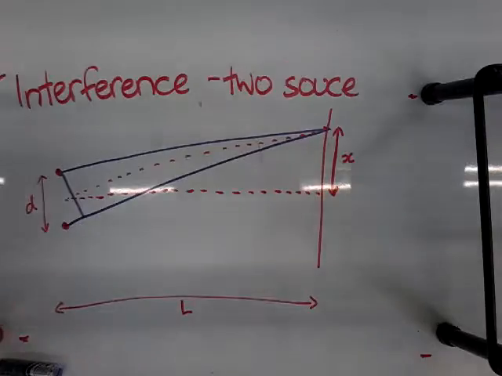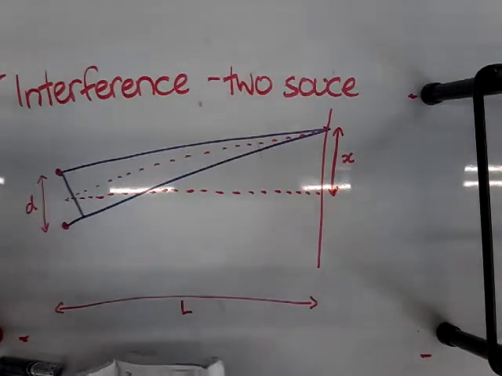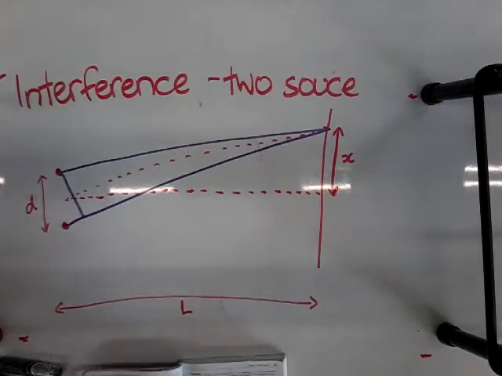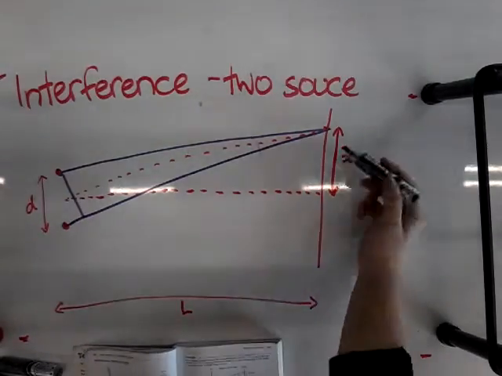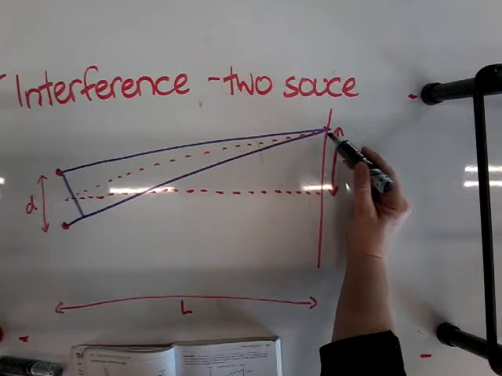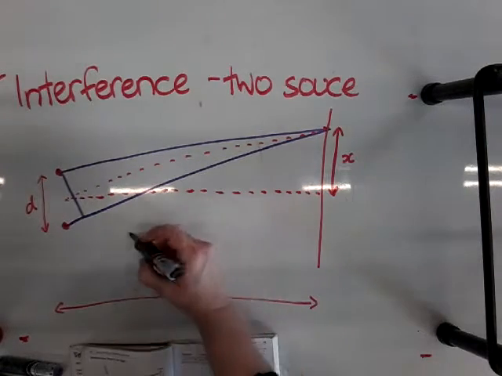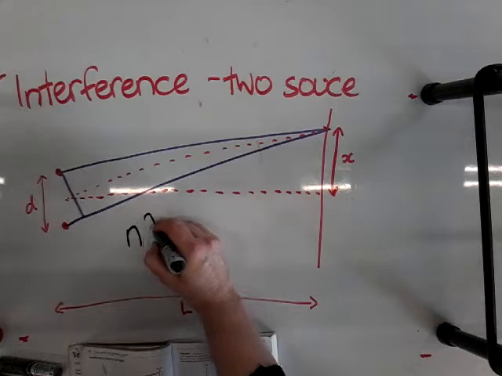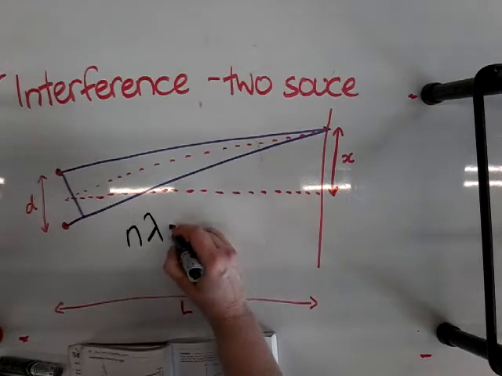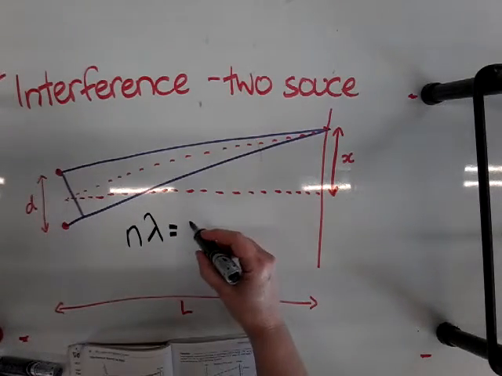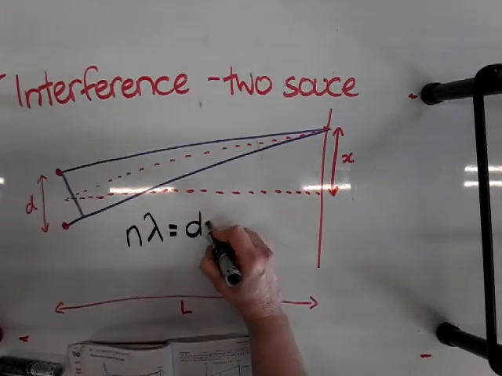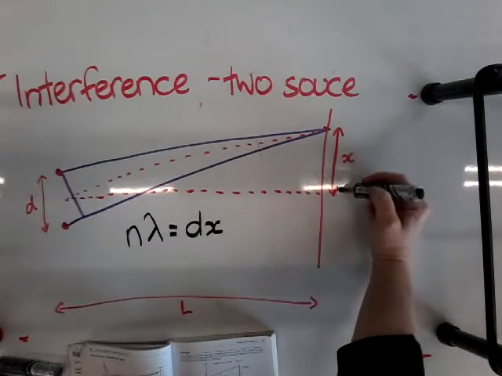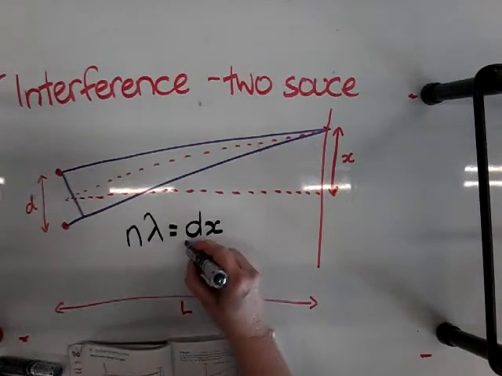The net result is that we can come up with a formula that for any antinodal point, for any bright place or loud place, for any fringe you might call it: nλ, the number of wavelengths difference, is equal to d, the distance between the points, times x, this distance here from the midline to the fringe, over L.